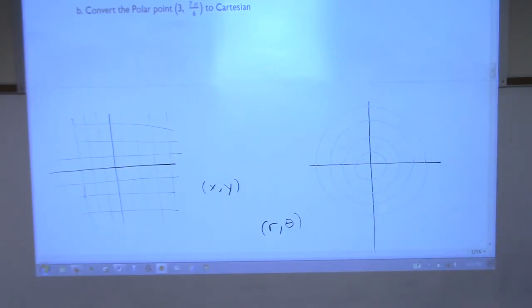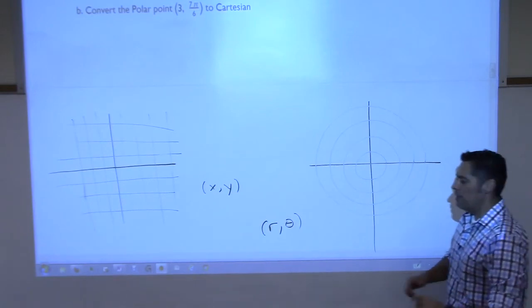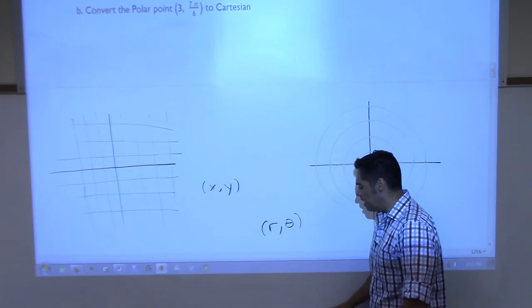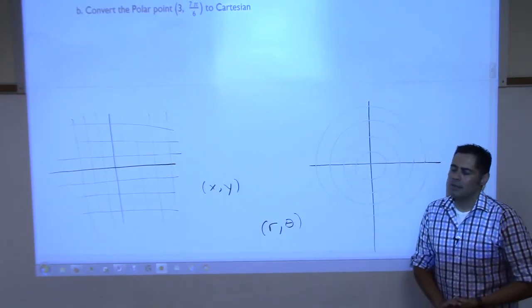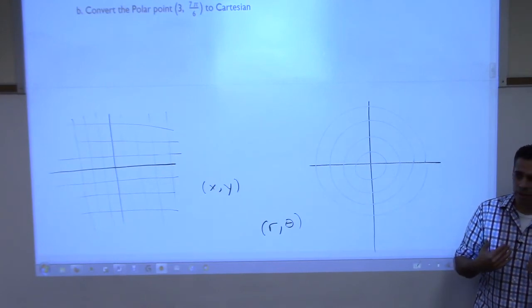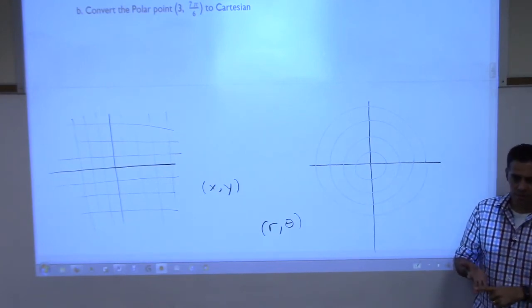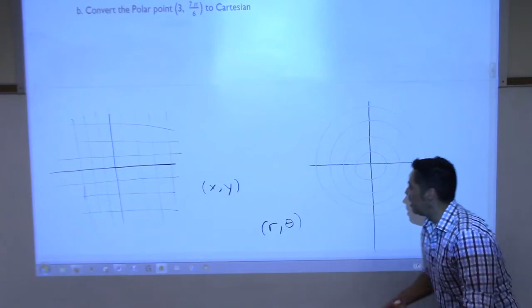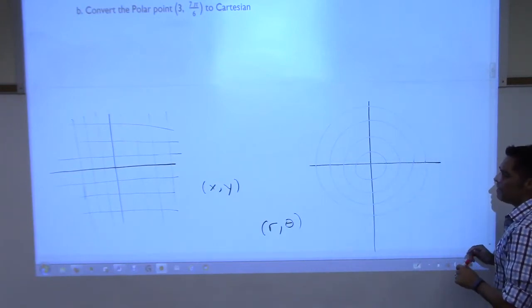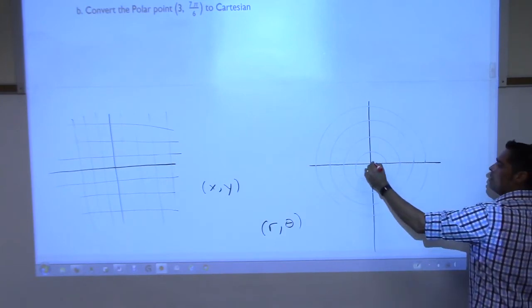Yeah? Then they say, what would happen if we held theta to be constant? Now with theta, since that's an angle, we like to use the standard angles, the ones that we're most familiar with, like 30 degrees, 45 degrees, 60 degrees. So what do all the points look like that have theta as, let's say, pi over 4?